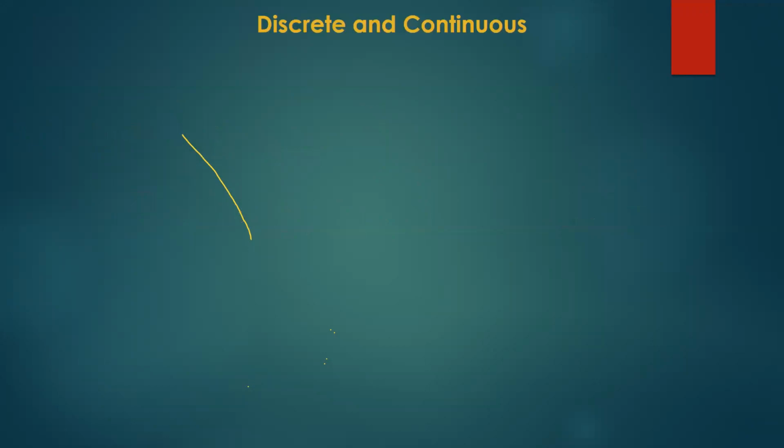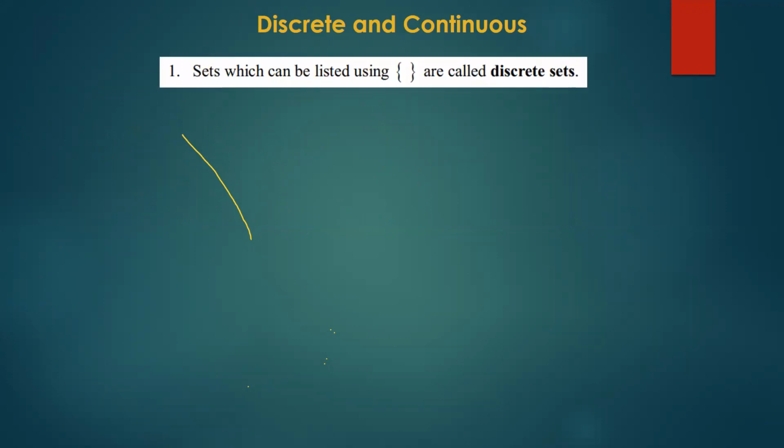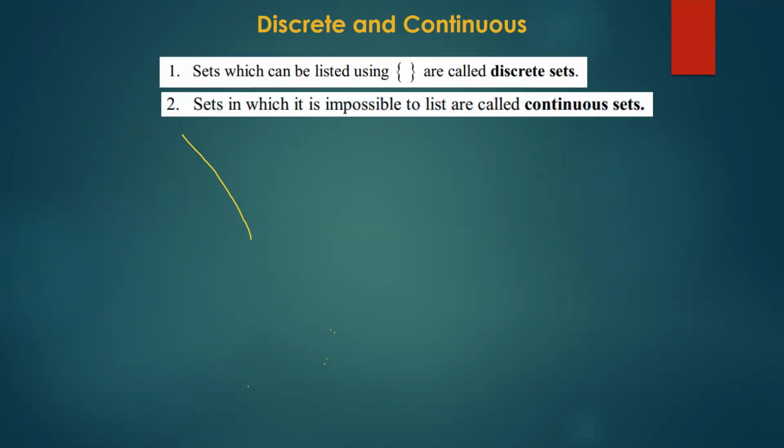So we also have what are known as discrete and continuous sets. When we talk about discrete sets, I think I talked about these 2 kinds of sets, though using different terminologies. Discrete sets can be listed using the parentheses, and for continuous sets, it's impossible for you to list them using parentheses.